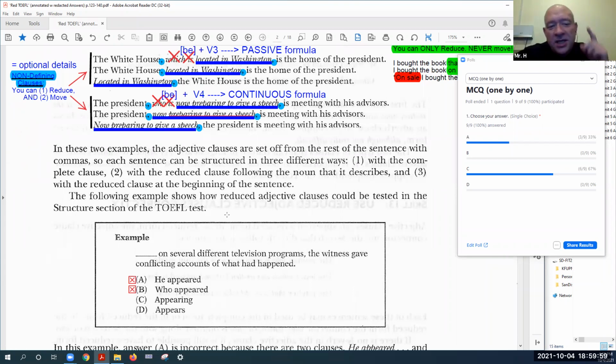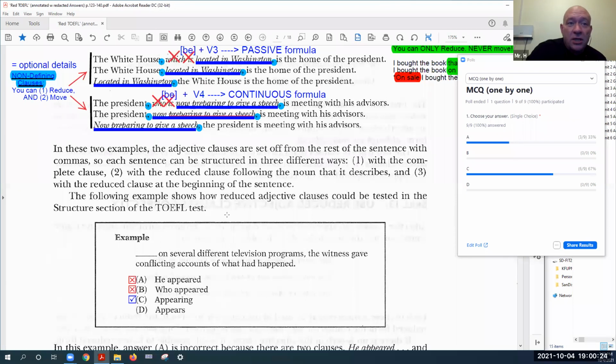Let's look at Delta first. What's wrong with Delta? In adjective clauses, we should use verb 4 or verb 3, but Delta has appears, which is present simple. It's a verb. We never begin a sentence with a verb. Yes, most of you got it right, guys.